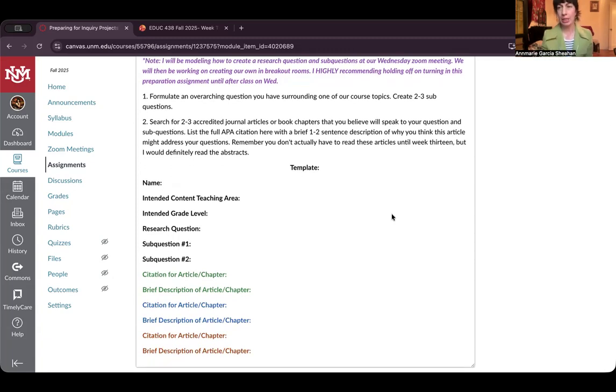So really, this preparation work involves two things. Formulating an overarching question you have, creating 2 to 3 sub-questions that get a little bit more specific, and then searching for those 2 to 3 accredited journal articles or book chapters that you believe will speak to your question and sub-questions. I am asking, in some ways, for a slight annotated bibliography here.